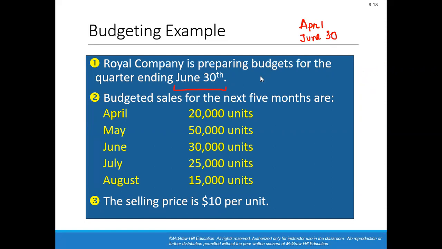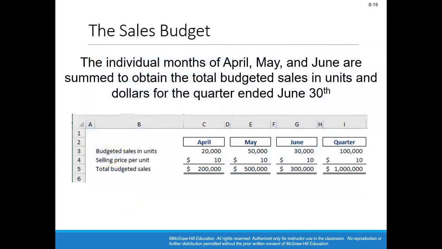Okay, a 3-month period. Now we have budgeted sales figures for the next months, April, May, June. Note that these are part of our quarter, and this will be required for our calculation, and the selling price is $10 per unit. Assume that we are working in a spreadsheet.